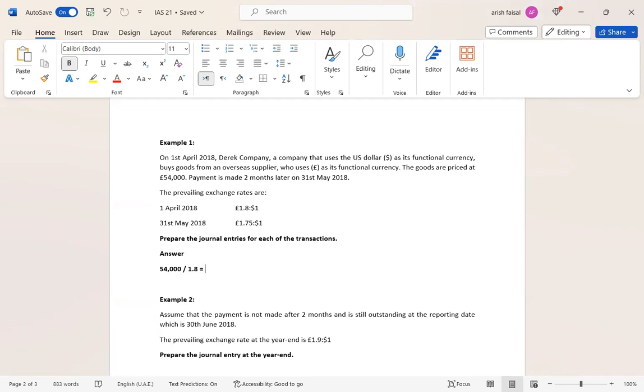So 54,000 divided by 1.8, I guess it will give you around 30K, 30,000. So that's $30,000. Okay.